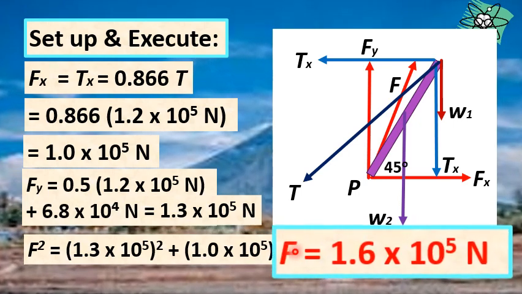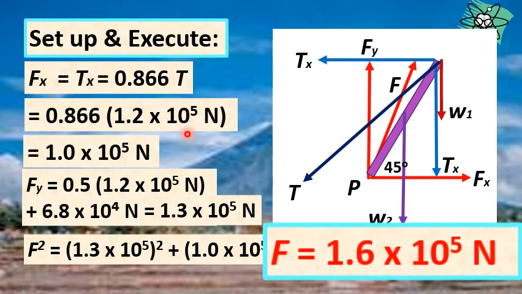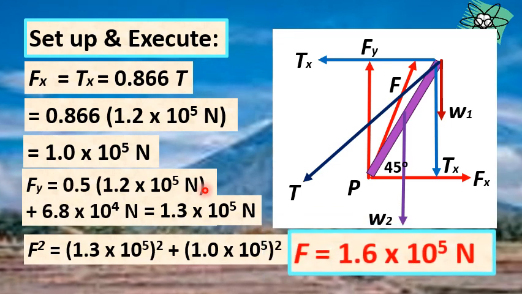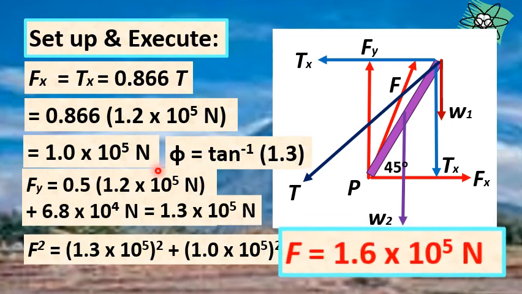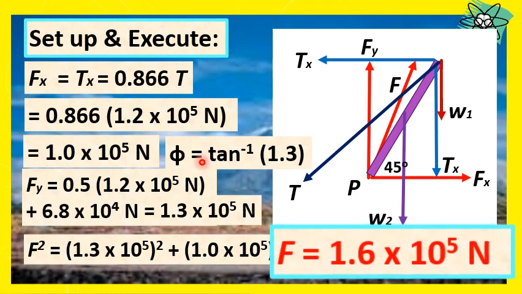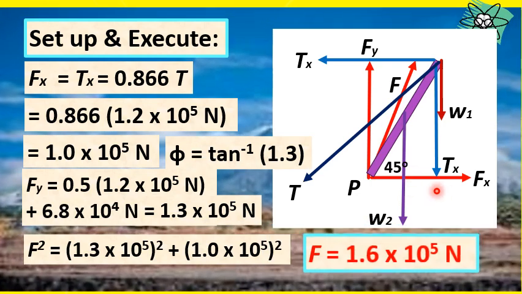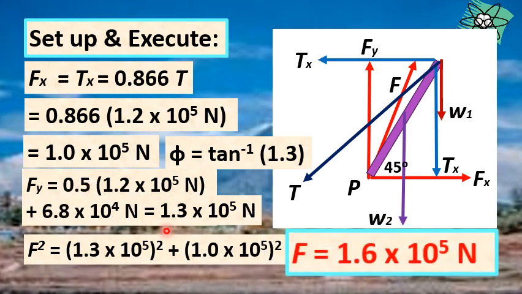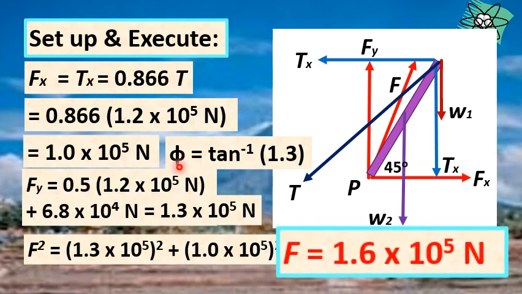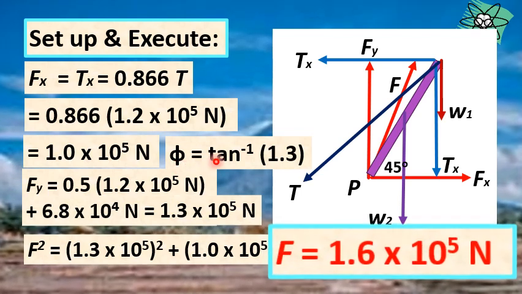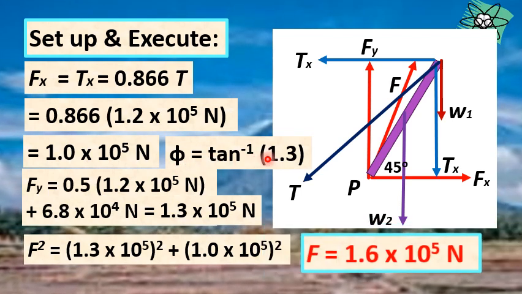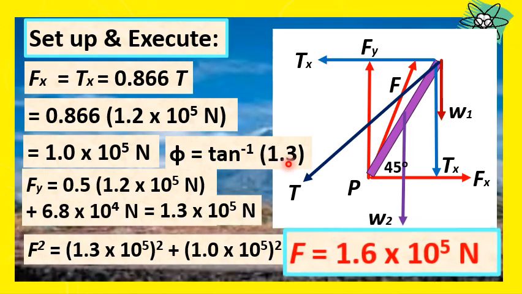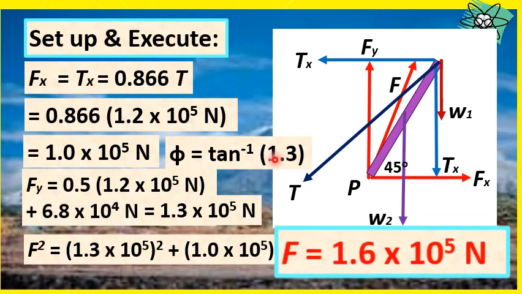To determine the direction of this force F, we find the angle that we have defined earlier, and that is angle phi. That is the angle formed by the force F with the horizontal. Since we already know Fy and Fx, we can now use the inverse tangent of Fy over Fx, where Fy over Fx is simply equal to 1.3.